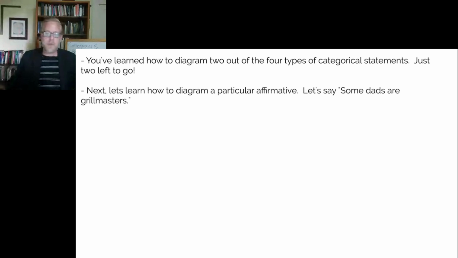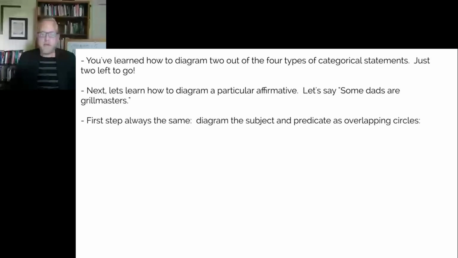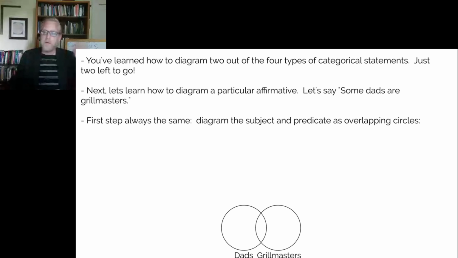So that's two of them so far, right? Blackout on the left, blackout in the middle. Universal affirmative, universal negative. Now, what about particulars? Some dads are grill masters. Right? First step is always the same. You make the two circles that overlap, label them dads, grill masters.